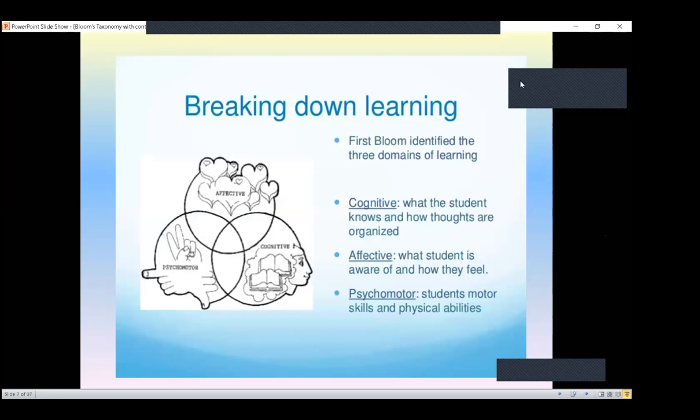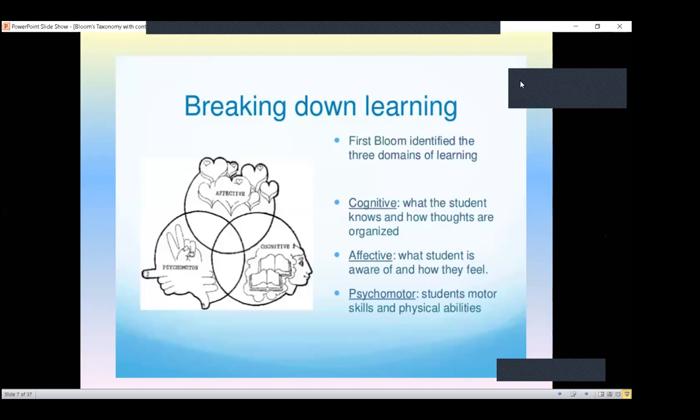Basically, he divided this taxonomy into three parts. First is cognitive. Cognitive is related to our brain, our thinking, what thoughts we have, what we know. The second part is affective. Affective means your feeling, attitude, interest, how you behave.